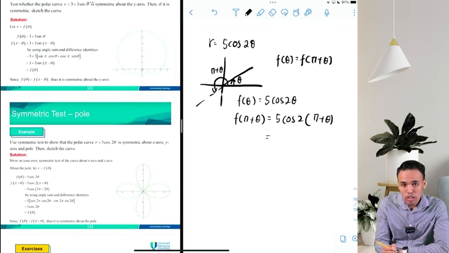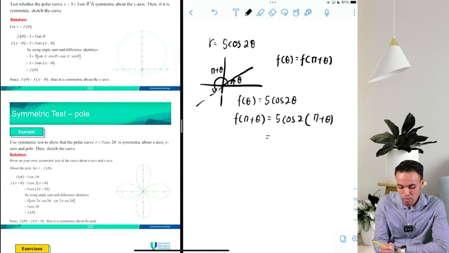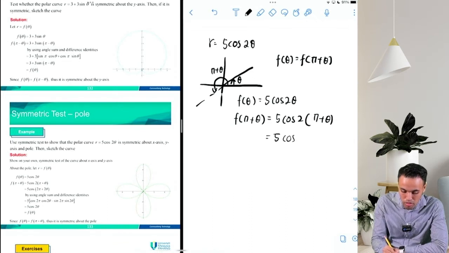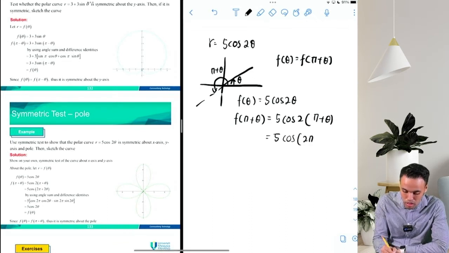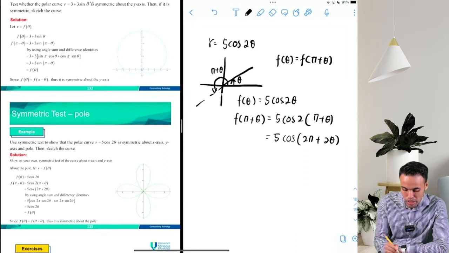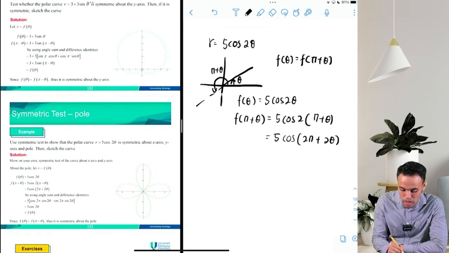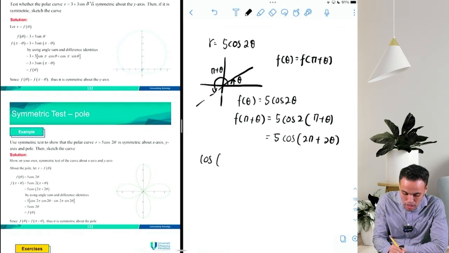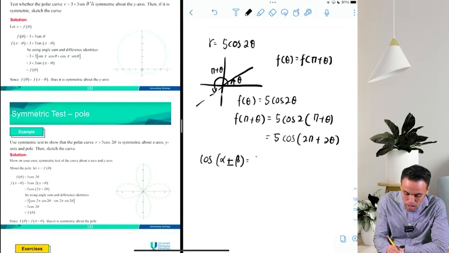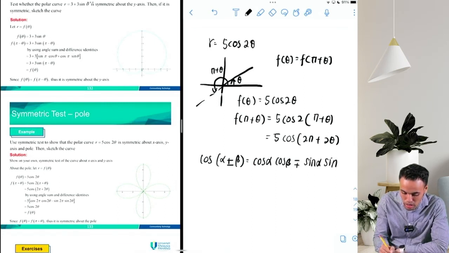In this case, I'm going to simplify it. As you can see from here, I will get 5 cosine 2 pi plus 2 theta. And then I'm going to use some formula for the cosine function. In this case, cosine alpha plus minus beta equals cosine alpha cosine beta minus plus sine alpha sine beta.